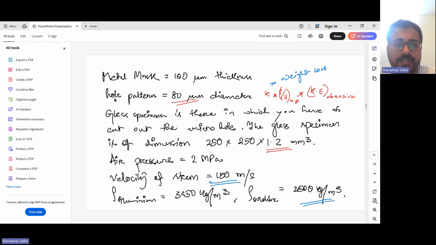And then there is the glass specimen in which you have to cut out the micro hole. The glass specimen is of dimensions 250 cross 250 cross 1.2 millimeters cube. Air pressure is 2 megapascals and velocity of the stream is 150 meters per second. Density of aluminum you can take as 3950 kg per meter cube, and density of abrasive you can take as 2500 kg per meter cube.